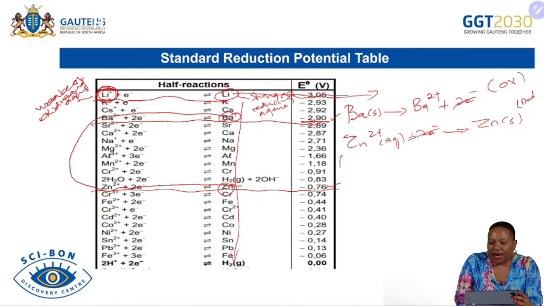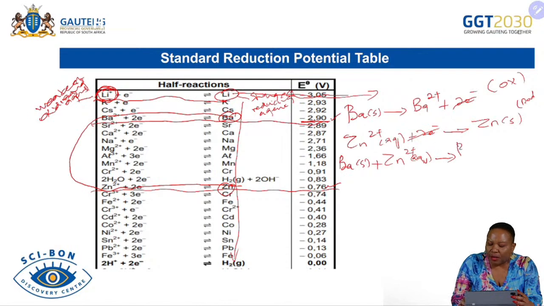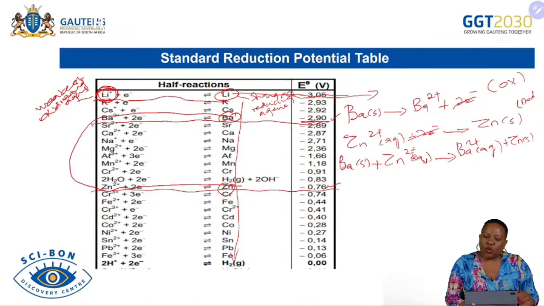Barium, which is our solid, will lose electrons, and those electrons will be accepted by zinc ion, which is our aqueous. On the other side, barium, after losing electrons, becomes barium 2 plus aqueous, and zinc ion, after gaining, becomes our zinc solid. So let's look at the oxidation numbers.